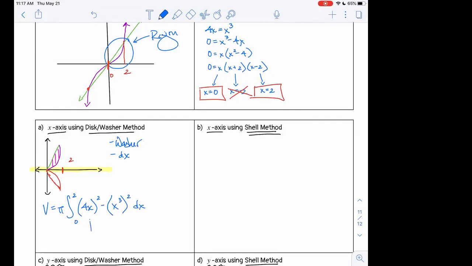So this is my big R, and this is my little r. The green one that is further away from the axis of revolution is my big R, and the purple one, which is closer to my axis of revolution, is my little r. Okay. Any questions about part A?